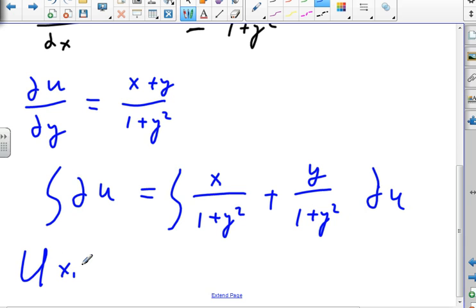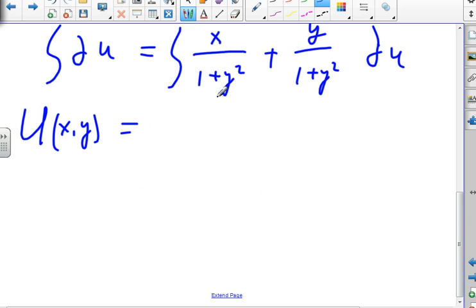U of xy equals, okay, so this integral is an arctangent guy, right?